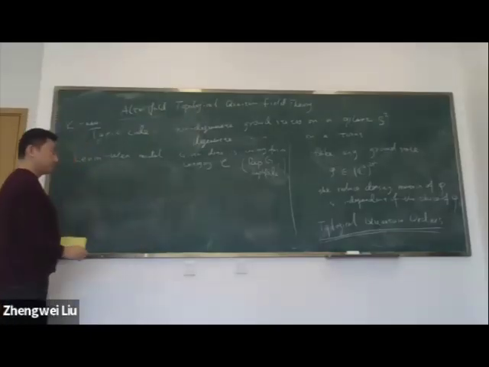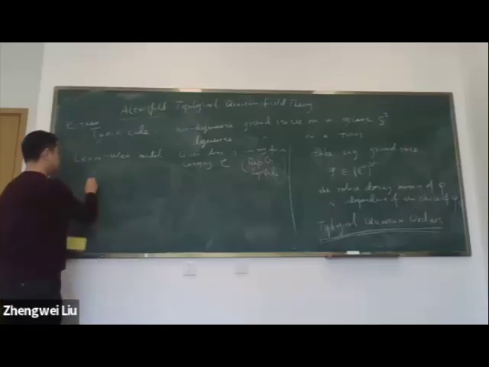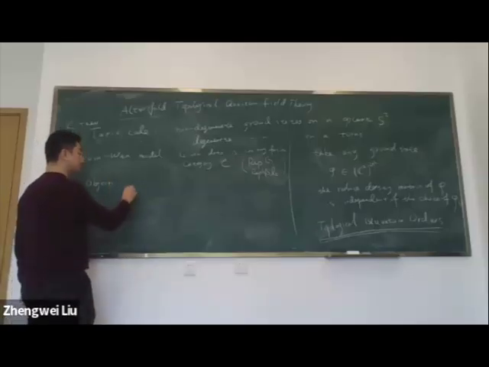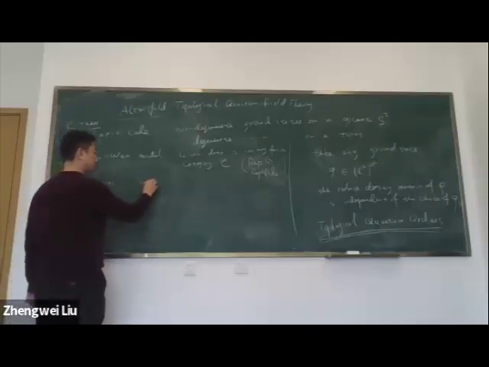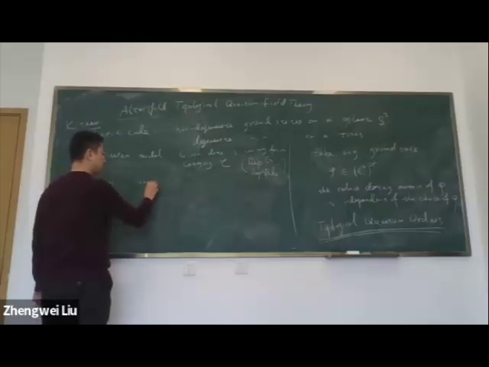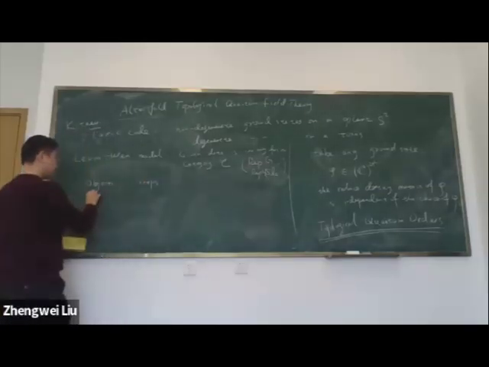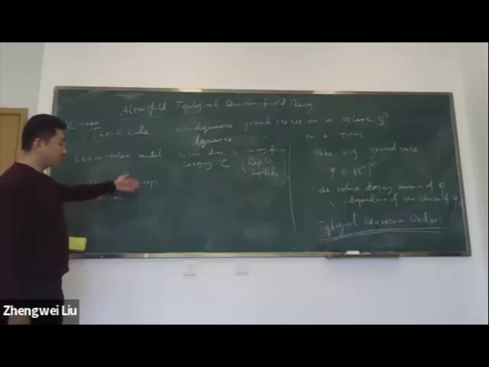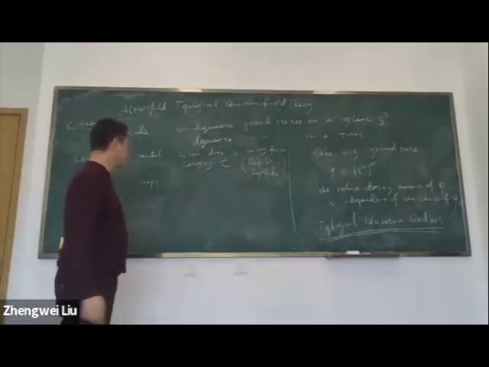And then, given such categorical data, what we have is two concepts. One is the objects, corresponding to irreducible representations. And the other is morphisms. These are intertwiners, linear transformations on those representations that commute with the group actions.